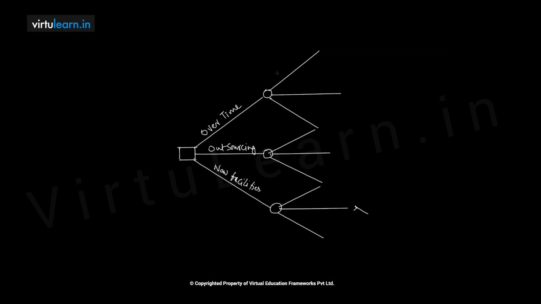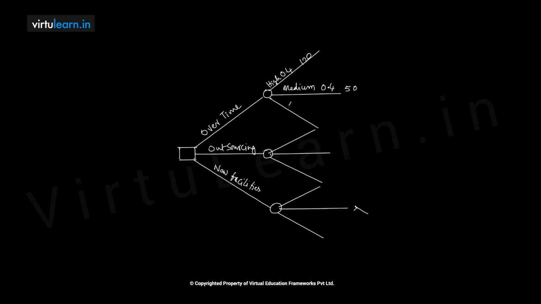So here when the demand is high, the probability is 0.4 and now we'll see what would be the profit. 120 lakhs is the profit. Here the demand is medium, the probability is 0.40 and the profit would be 50 lakhs.